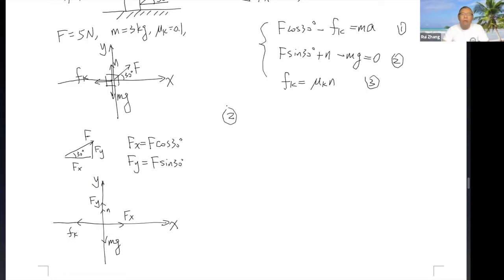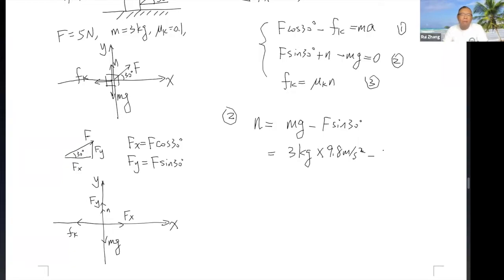From equation 2, n equals mg minus f sine 30. Now we need to do some new calculation because we have this second term. So 3 kilogram times 9.8 meter per second squared, that's what we had before, minus f times sine 30.